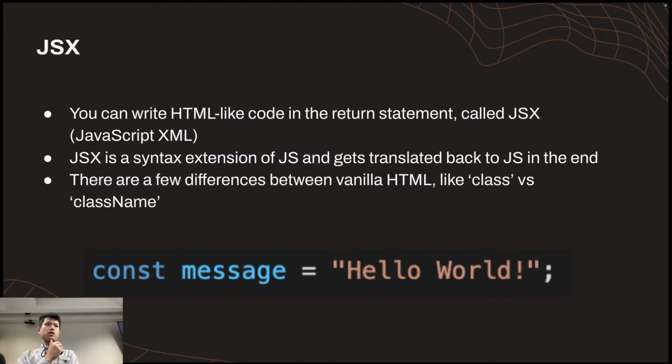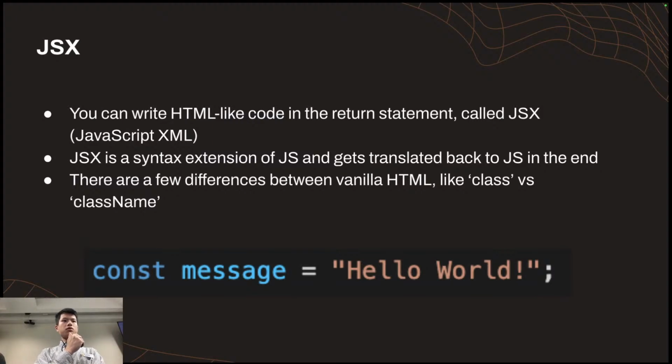JSX is something you return from a React component. You can write HTML-like code in the return statement, and its syntax is an extension of JS and gets translated back to JS in the end, which is used with bundling libraries.